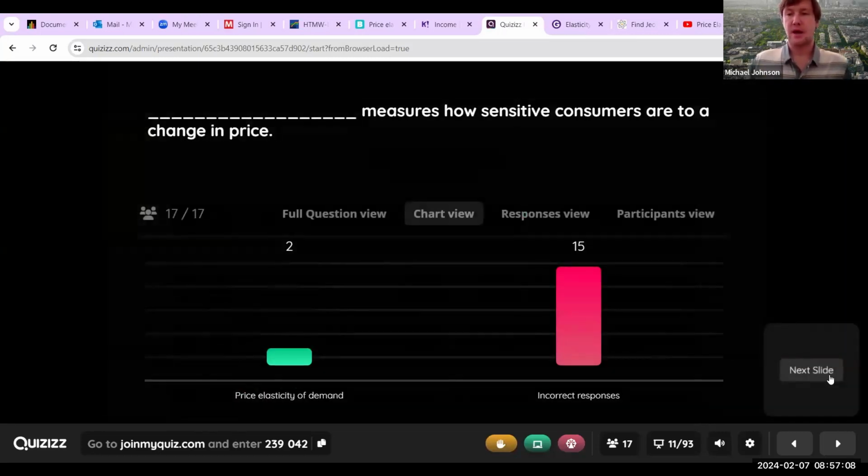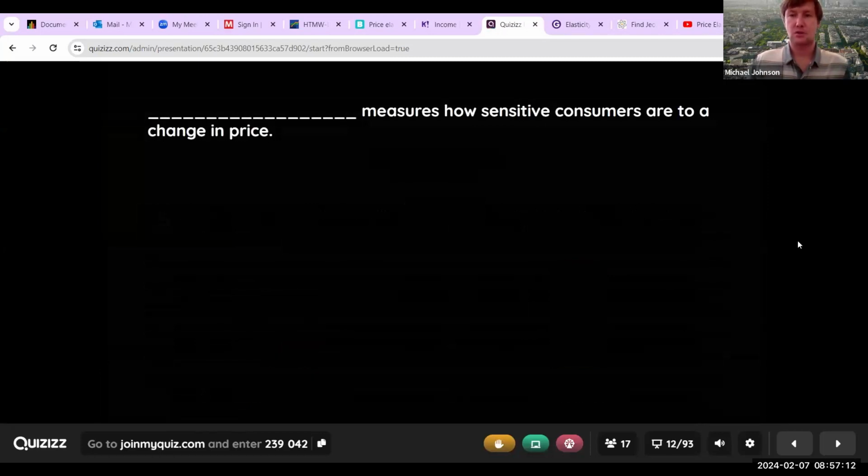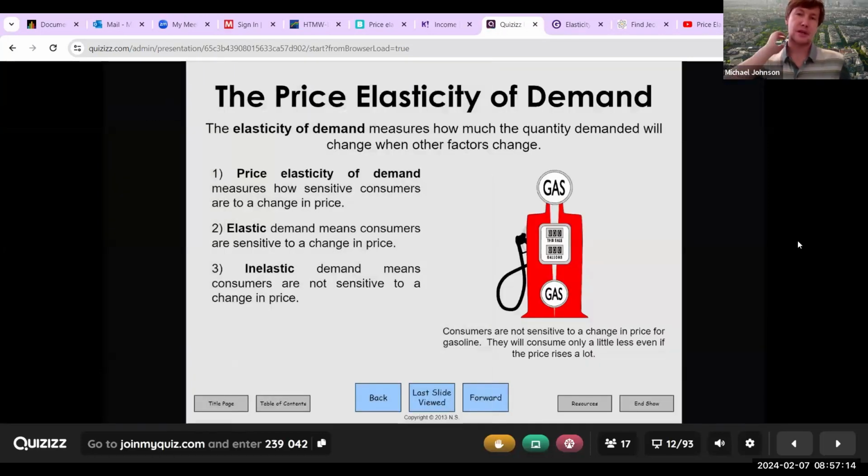Price elasticity of demand. Yes. It measures how sensitive consumers are to a change in price.